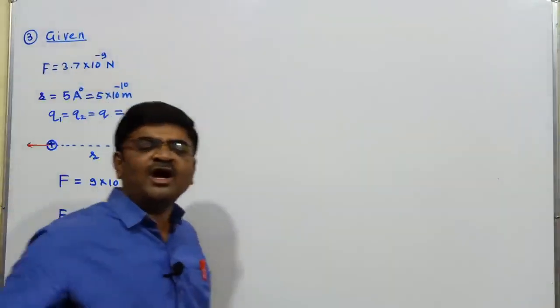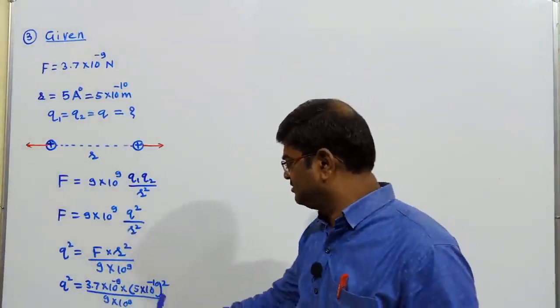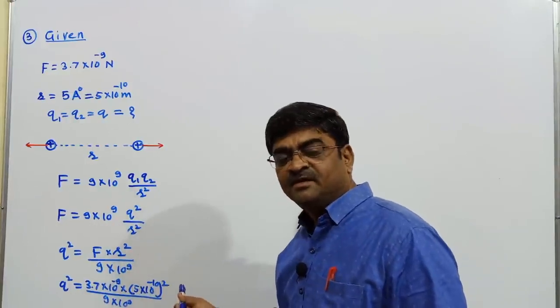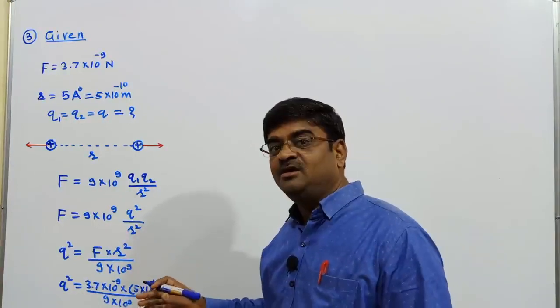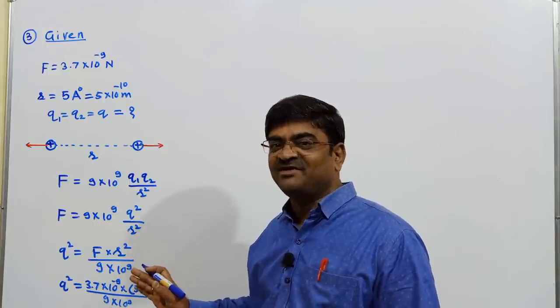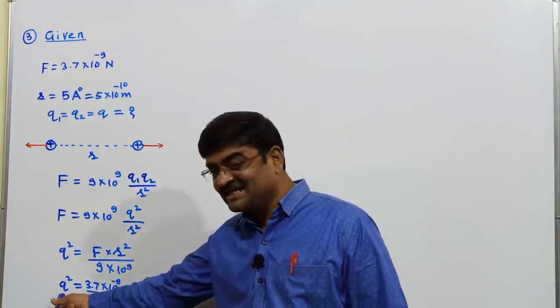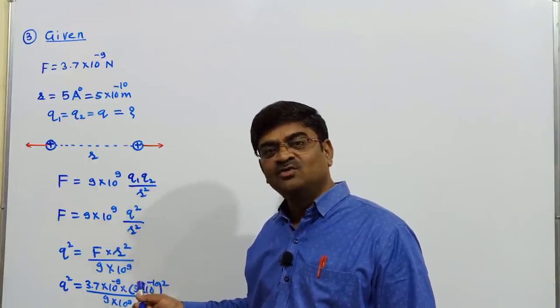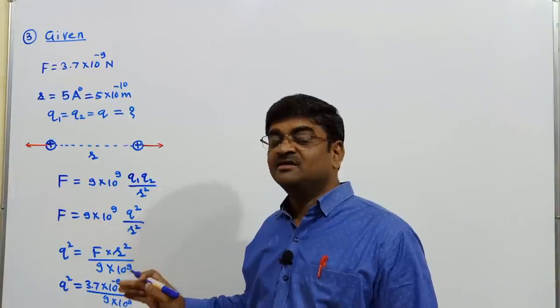So you can go ahead with a simple calculation. First you calculate all this right hand side, and lastly don't forget to take a square root, because you have got this as a Q square value, but you need to arrive at Q. You can work it out and arrive at the answer.